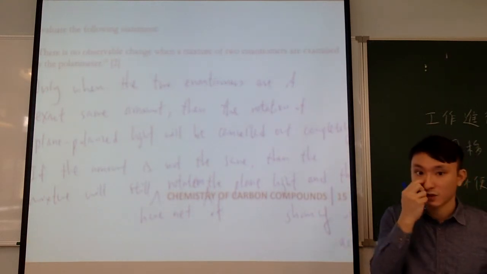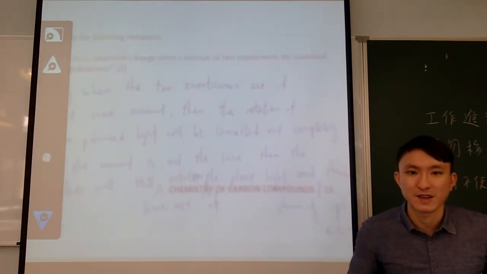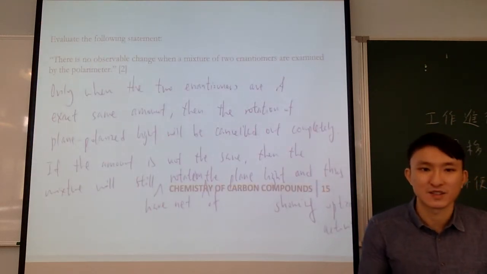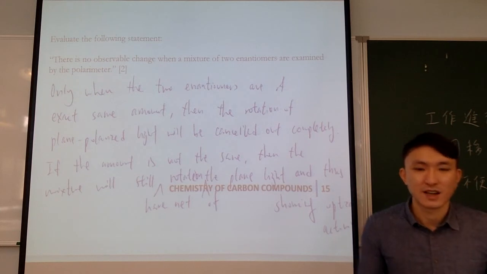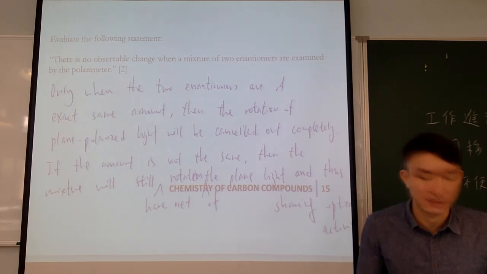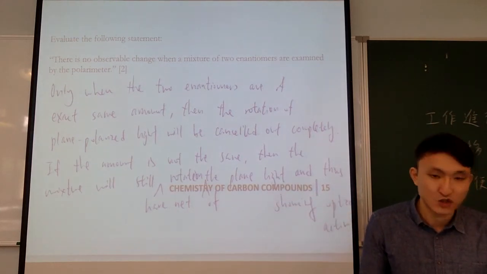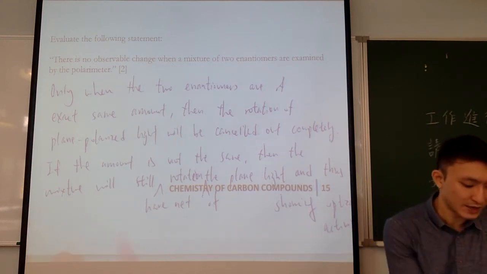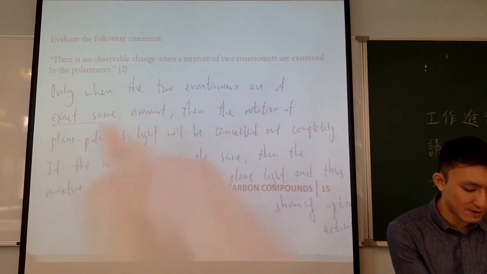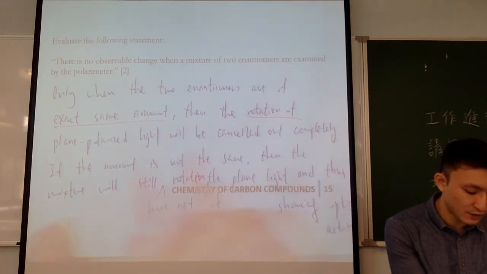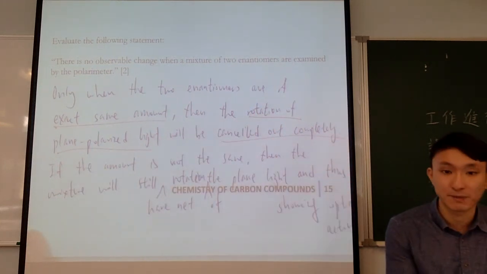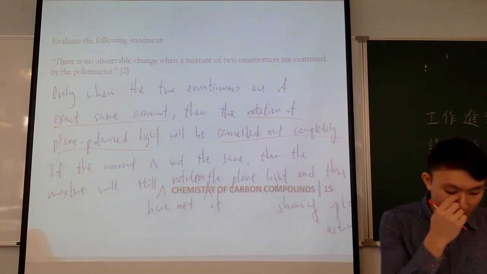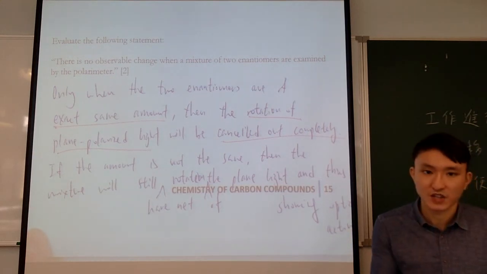Okay, so I make a little bit more comment because for a question like this, you try to give as comprehensive an answer as possible. So you try to describe the 2 situations. The first situation is when they are having exactly the same amount, then the rotation of the plane polarized light cancels out completely. Then that would be no observable change.